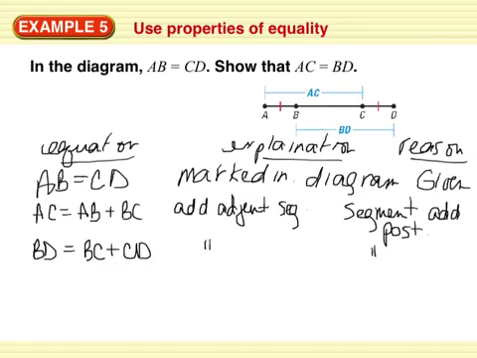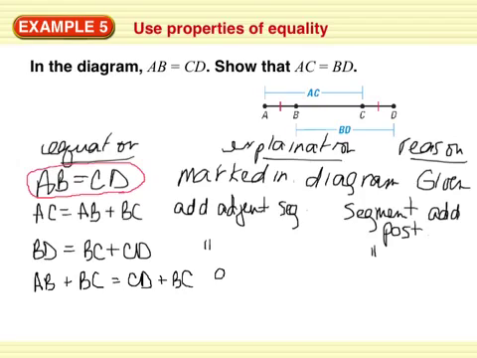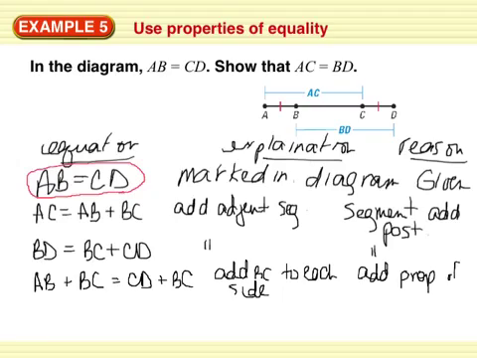I'm going to go back up to this first line and do a little bit of magic with math. AB plus BC equals CD plus BC. All I did was add BC to each side. And that is our addition property of equality. Nothing too big.